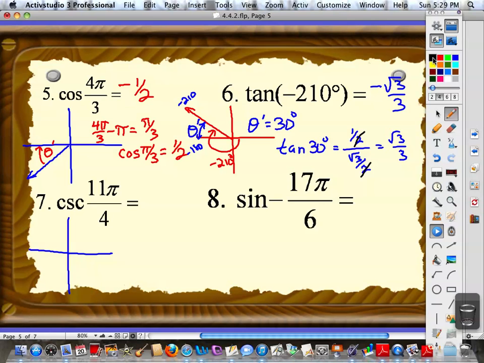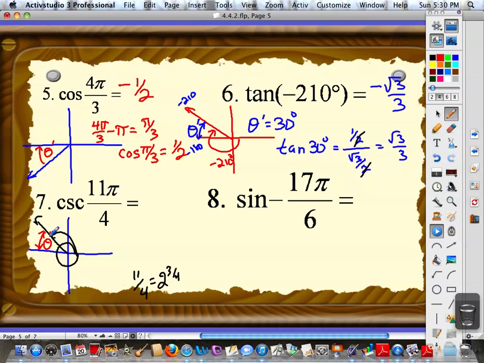So 4 into 11, I know that 11/4 is 2 and 3/4. If I were going 2 pi, 2 pi would take me all the way back to here. 3/4 is going to be more than half, but less than another 1, so I'm going to be right in there.